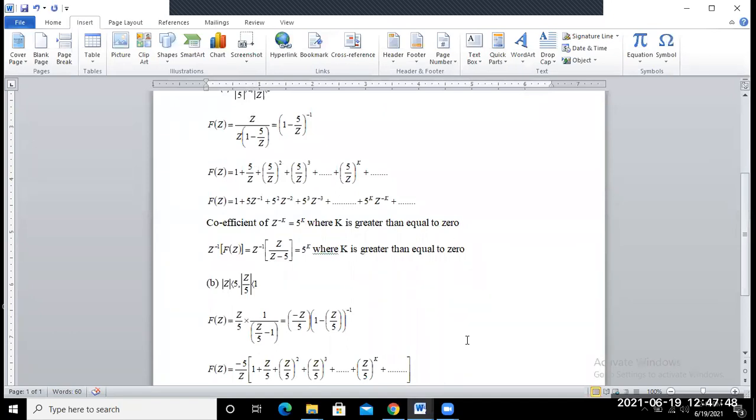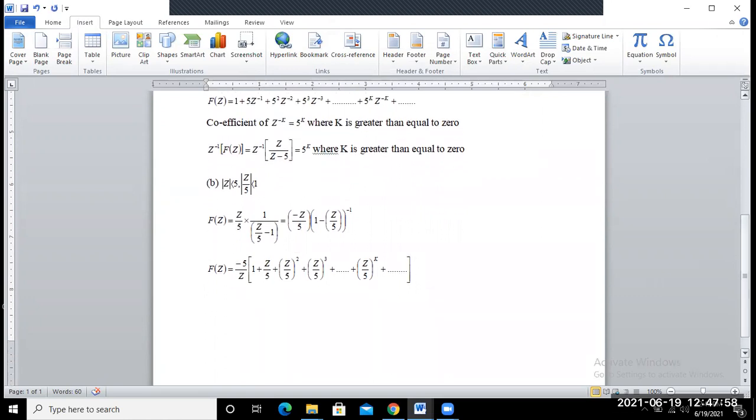So how can we find out the coefficient of z to the power minus k?